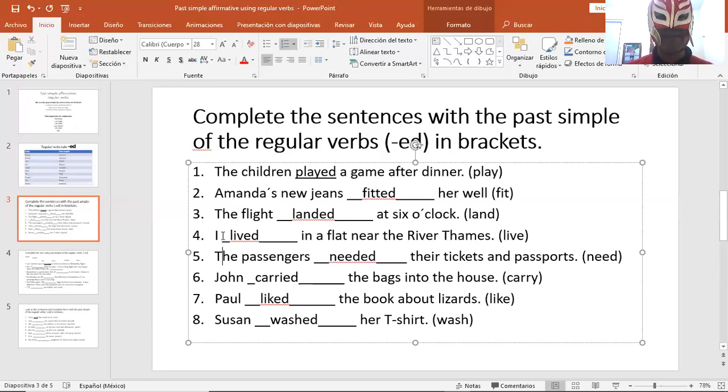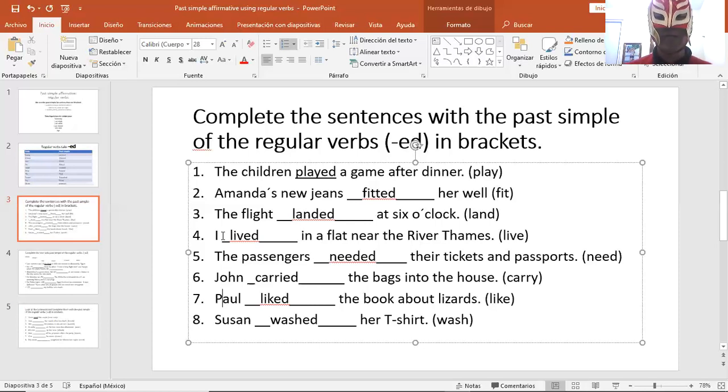Number five, the passengers needed their tickets and passports. Los pasajeros necesitaron sus boletos y pasaportes. Number six, John carried the bags into the house. John cargó las bolsas hacia la casa. Number seven, Paul liked the book about lizards.